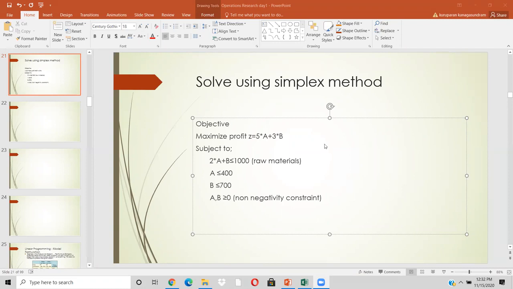To add. Plus is 1. Okay, equal. To make it equal, I have to add a variable, similarly for this one also, I have to add the slack variable. Okay.